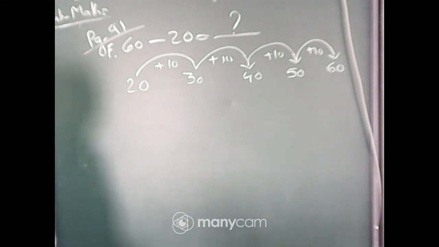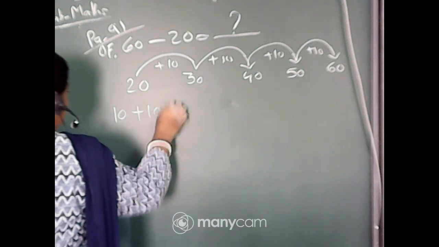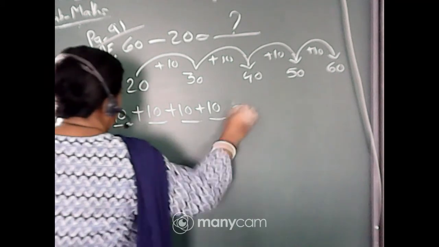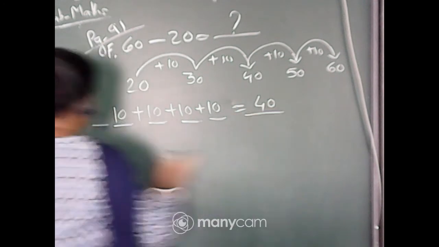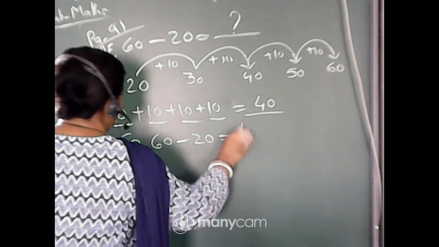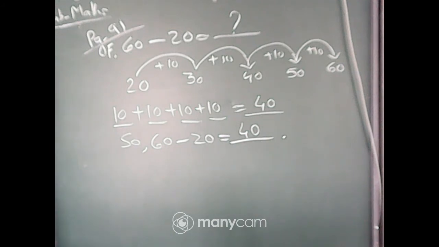So what you have written: 10 plus 10 plus 10 plus 10 is equal to 40. So 60 minus 20 is equal to 40, isn't it? In this way you have written.